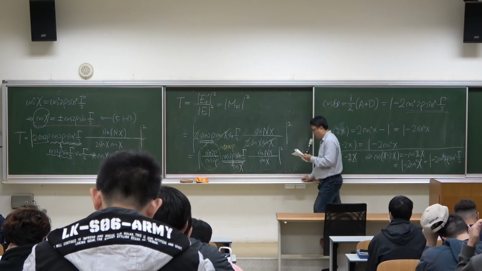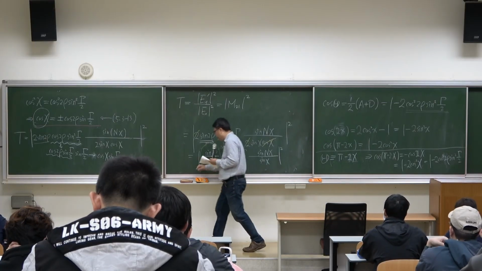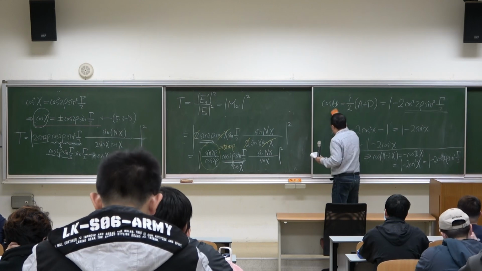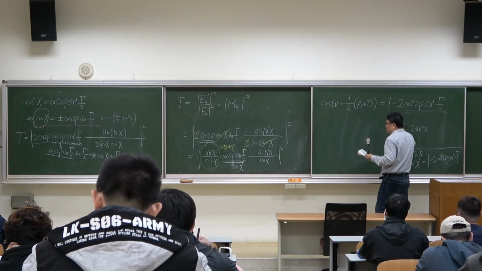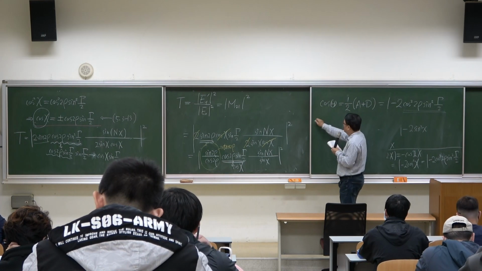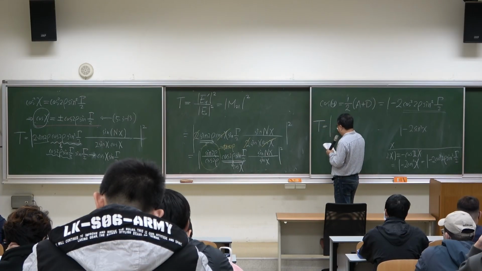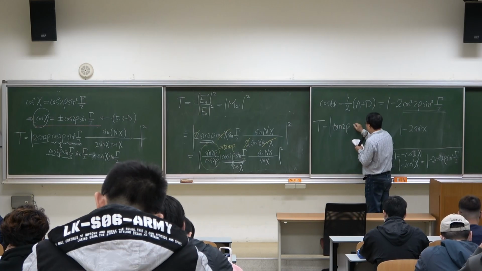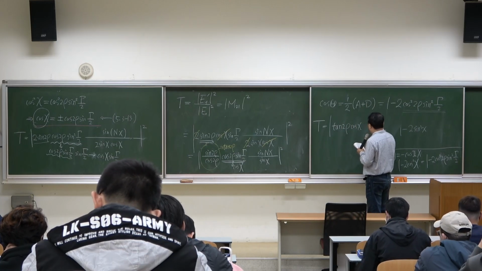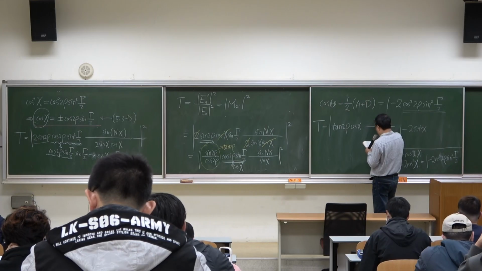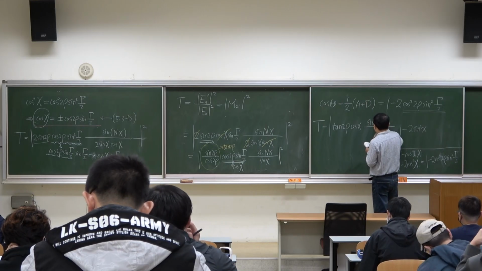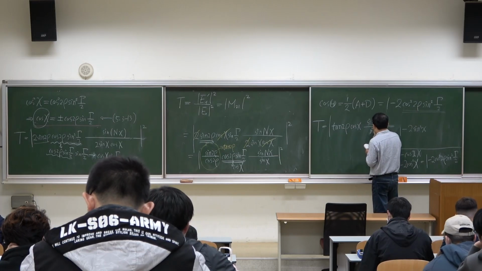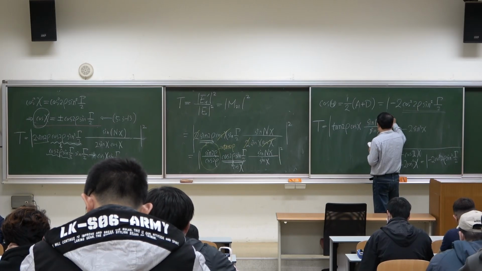Okay, so finally we have this: T is equal to tangent 2 rho cosine chi times sine n chi over sine chi, absolute square.